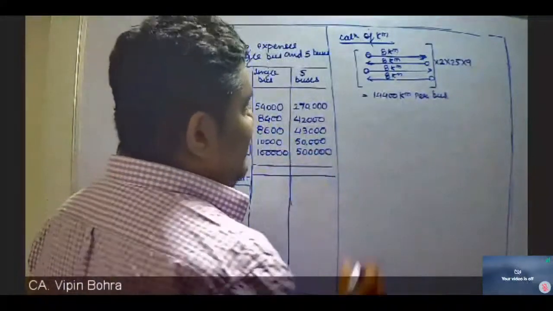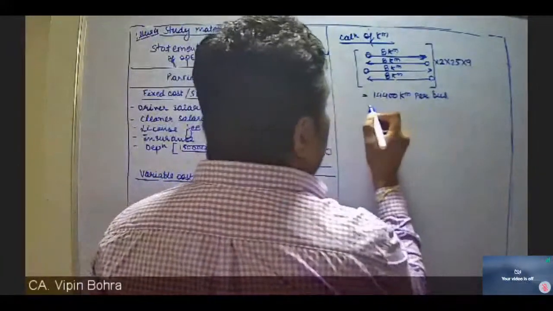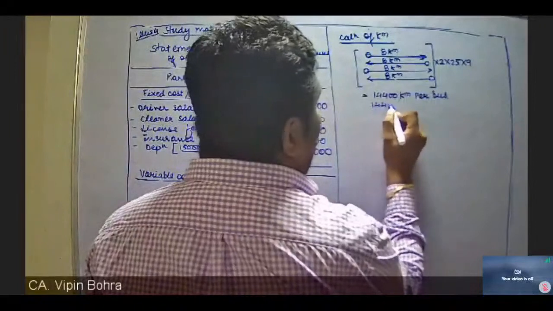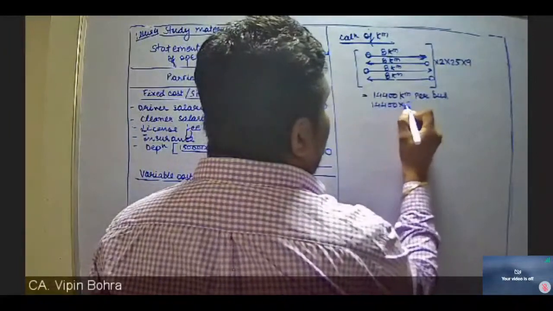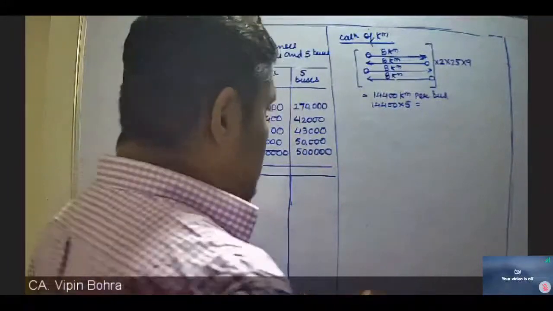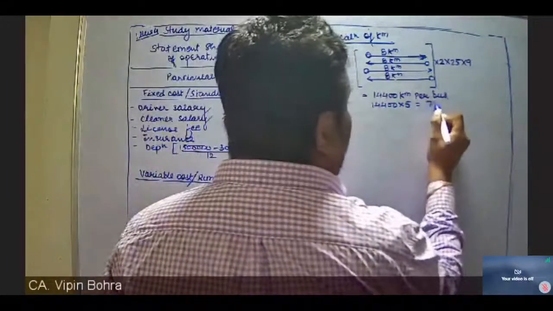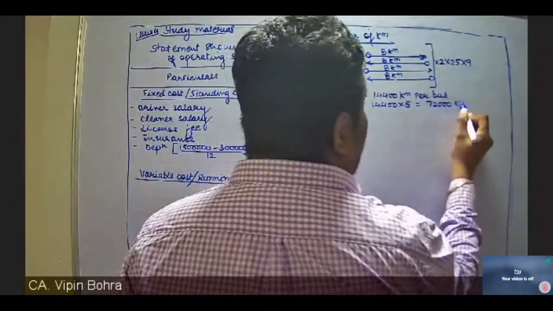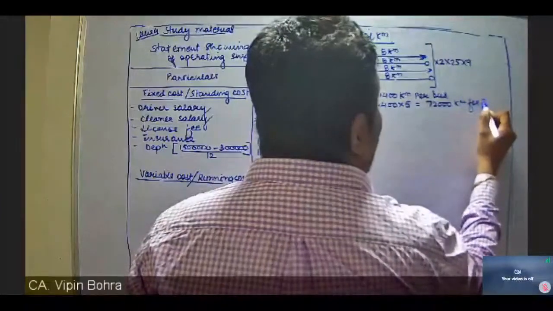So for 5 buses, it is 14,400 into 5, which is 72,000 kilometers for 5 buses.